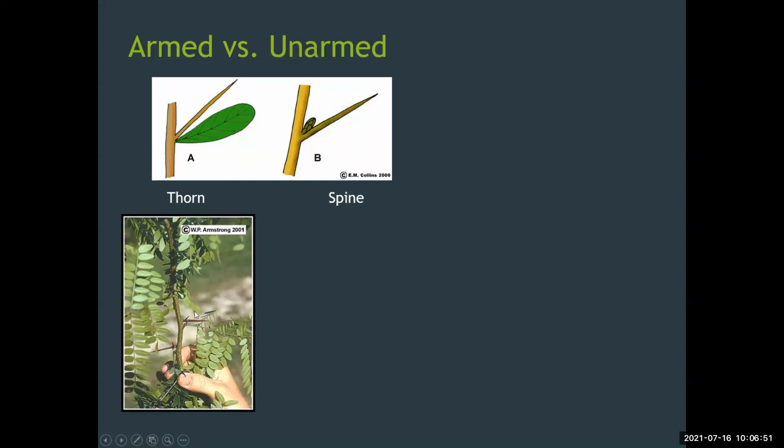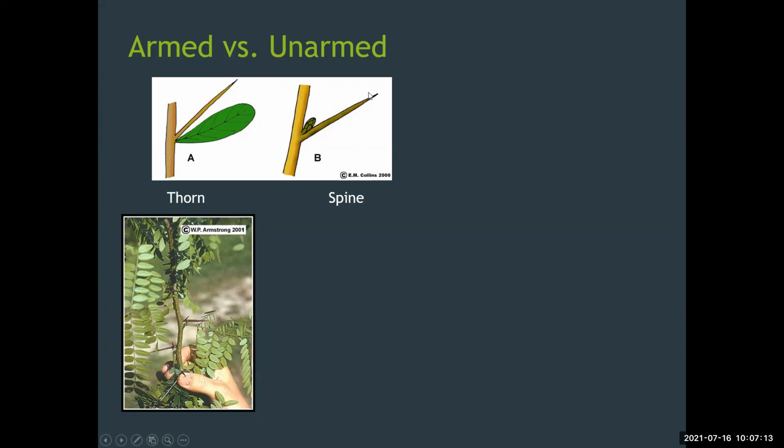Thorns are just modified branches. So here we have a thorn. We can tell that it's a branch because it's coming out above the leaf, right? So there's our node, the leaf was produced, and we've got a thorn above it from that modified branch. So here we have Gleditsia doing exactly that.